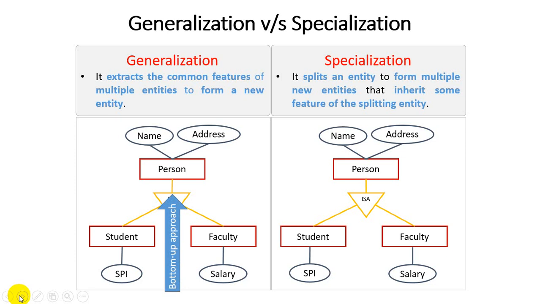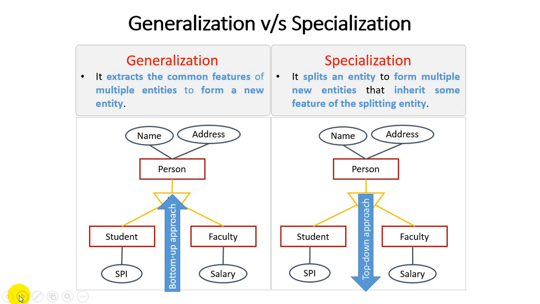The last point we will discuss: the generalization concept is a bottom-up approach, because we have some different entities and match them into a single entity. It is known as a bottom-up approach. And whenever we have a single entity and we split it into two or more different entities, it is known as a top-down approach.